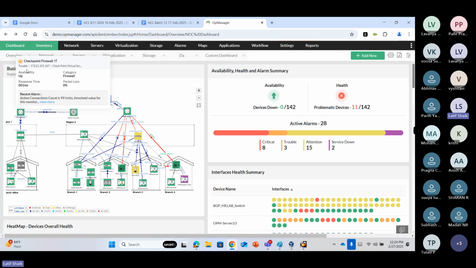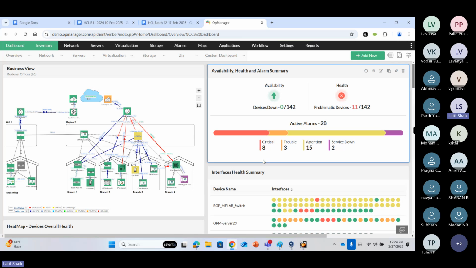But there is a trouble. These are the events: sudden changes, maybe from red to green, green to yellow, yellow to orange, orange to red. Meaning it's a different kind of state: critical, trouble, attention, service down.